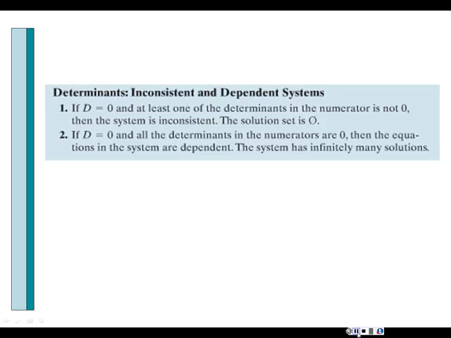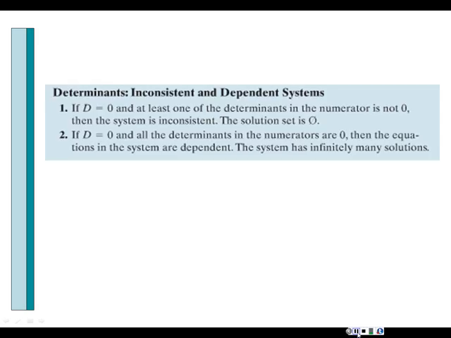So what happens is, when D is 0 and at least one of the determinants in the numerator is not 0. What do you mean by at least one? For example, for a 3rd-order matrix, let's say for x, this is the equation.